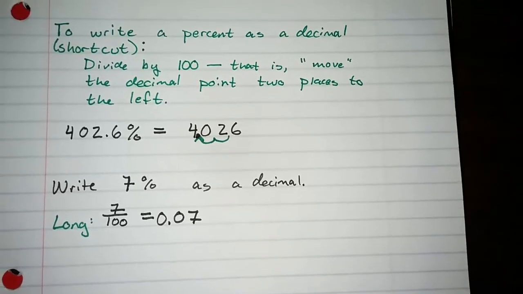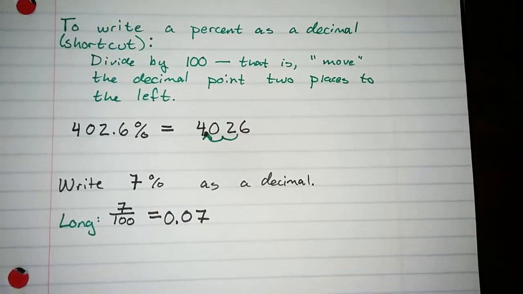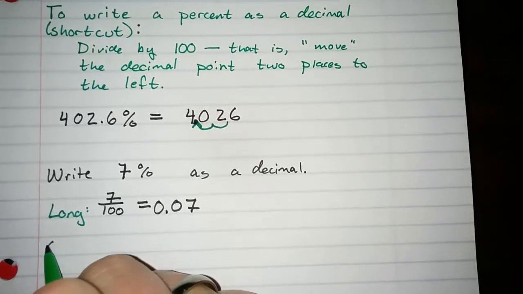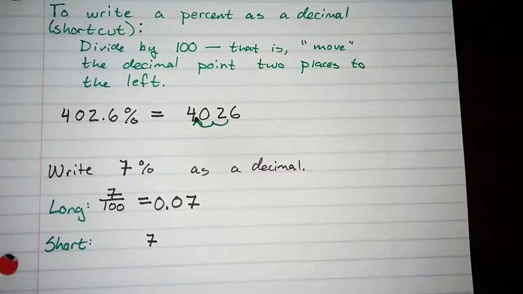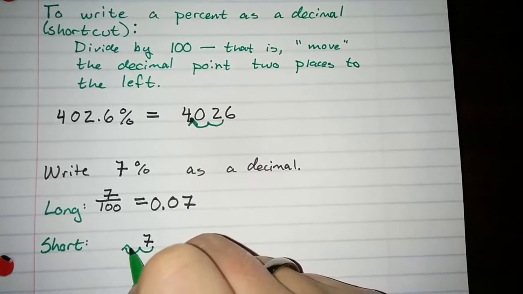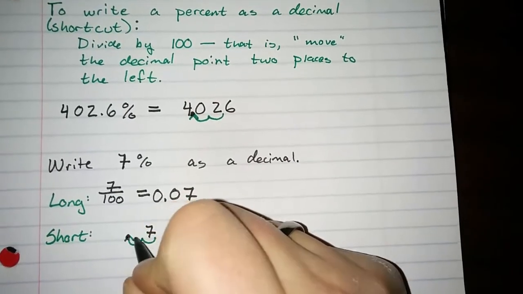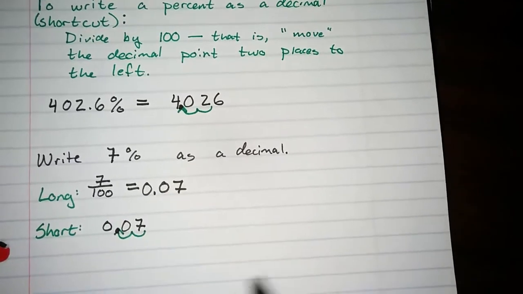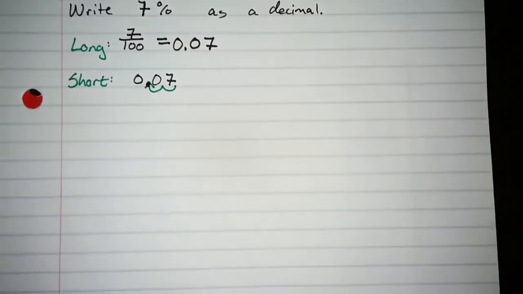So 7 100ths, that's 0.07. If we use the shortcut, we'll still have just the digit 7. We want 2 more digits to the right of the decimal point. So again, we get 0.07, of course.